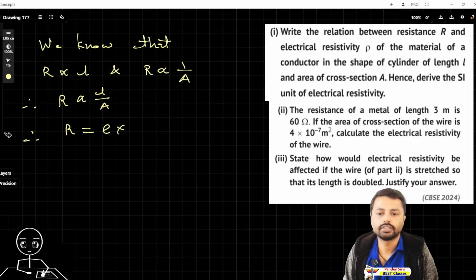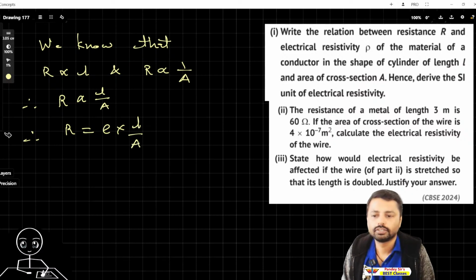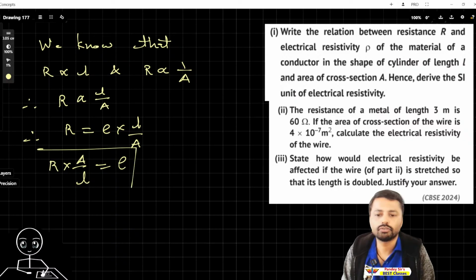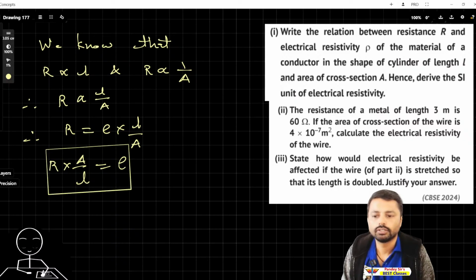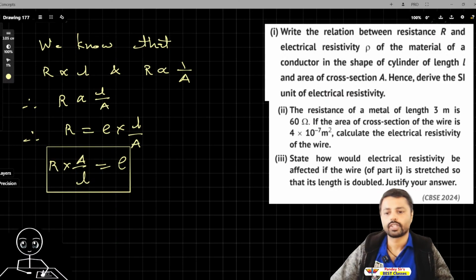Take this whole thing to that side, we get R into A by L equal to rho. This is the formula for the value of the constant of proportionality. So rho equal to R into A by L.